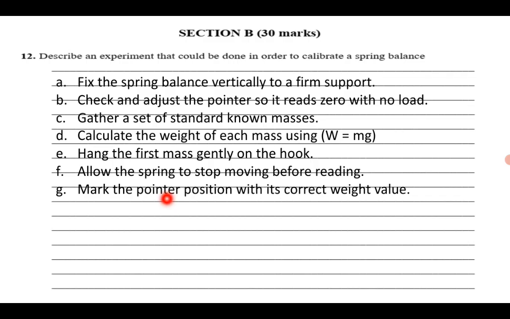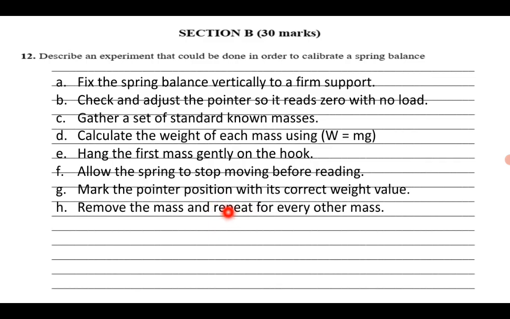Then mark the pointer position with its correct weight value, the weight that has brought the pointer to that point. So mark the pointer position on the scale panel. Then remove the mass and repeat for every other mass that you have.